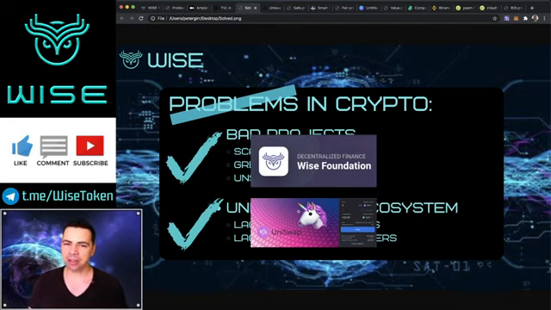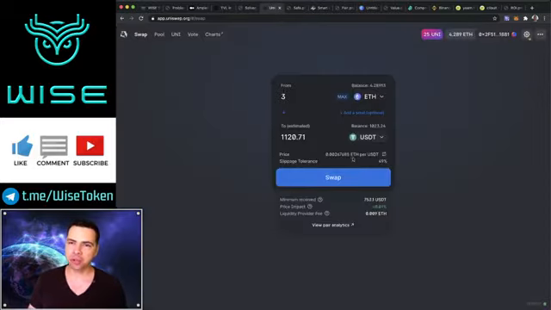But let's talk about the undeveloped ecosystem, because this is not the case anymore. We just talked about the $11 billion flowing into DeFi. But also, we have Uniswap. And Uniswap has revolutionized the way exchanges work. Because before, we just had regular exchanges. You needed to pay $250,000 to get on a good one. You had to have people putting orders for your cryptocurrency.